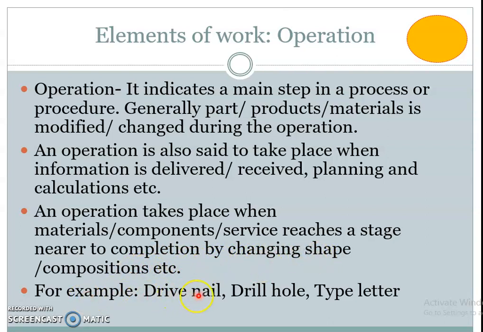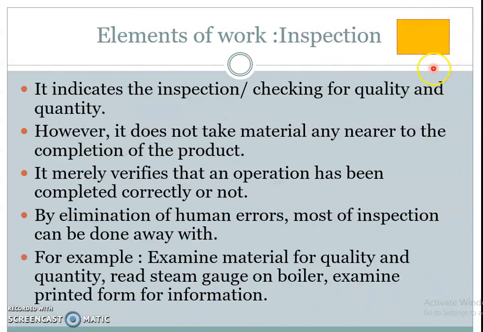For example, to drive a nail, to drill a hole, to type a letter, to cut a bar on a power hacksaw. These are examples of operations. We can depict or record these activities as a circle on the chart.